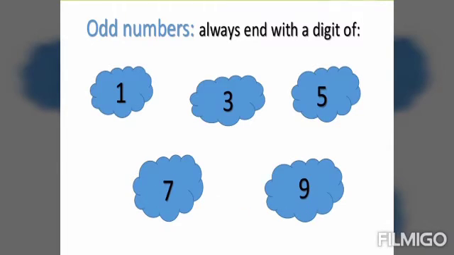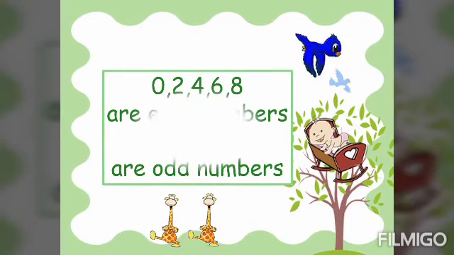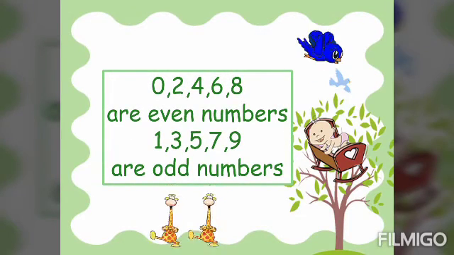So please don't forget, class, all these numbers for odd numbers, and also the previous slide, those numbers for the even numbers. Okay, take a look at this slide, class.